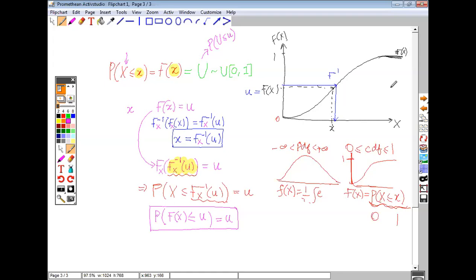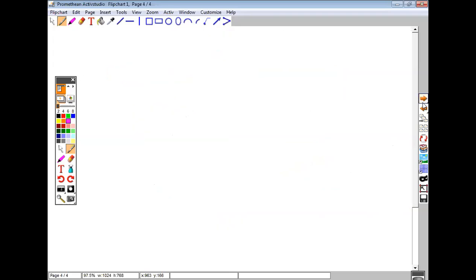So maybe to show that I can draw a little graph where I can show you guys how we transform, let's say, a uniform. How do I transform numbers which are uniformly distributed into normally distributed and vice versa?